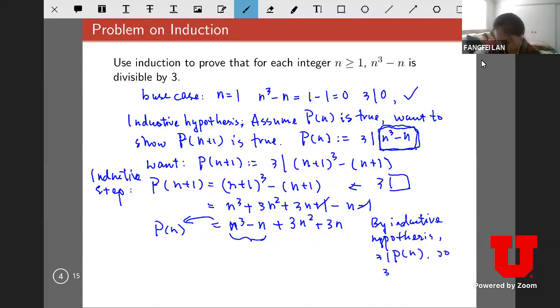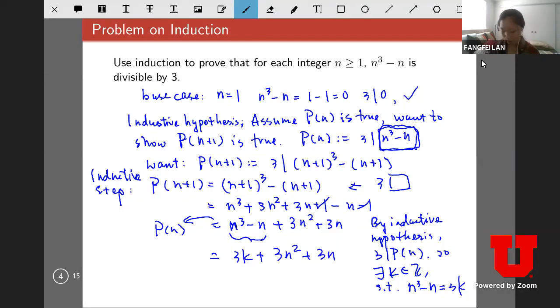So there exists, let's say, k in Z such that n cubed minus n equals 3k. I'll plug it back in. So we have 3k plus 3n squared plus 3n.